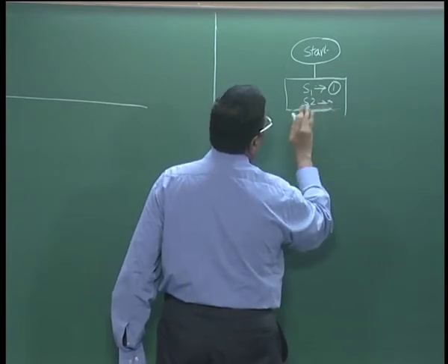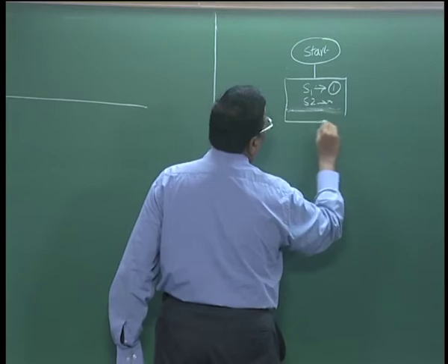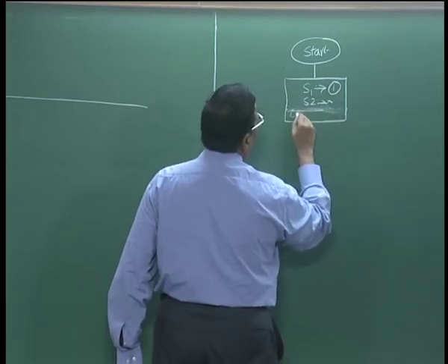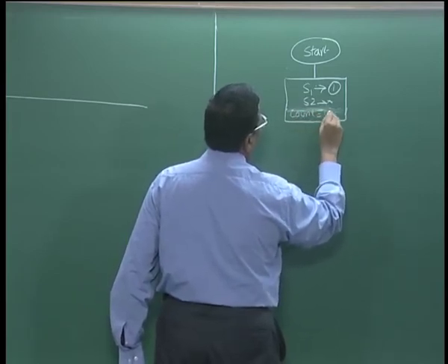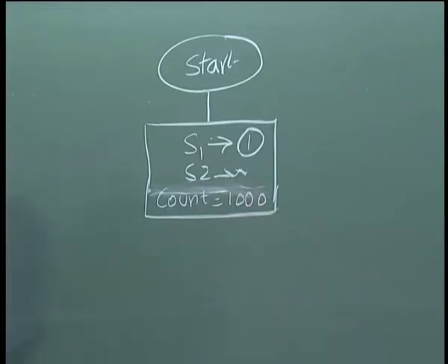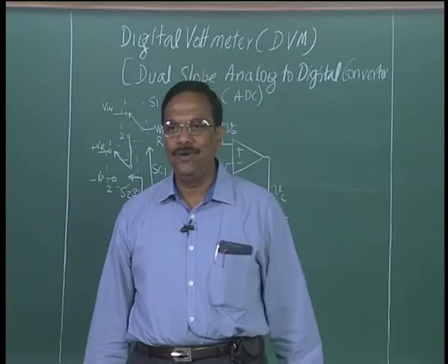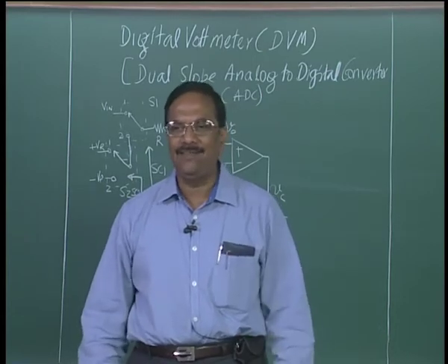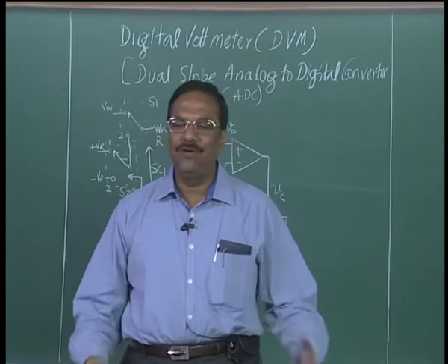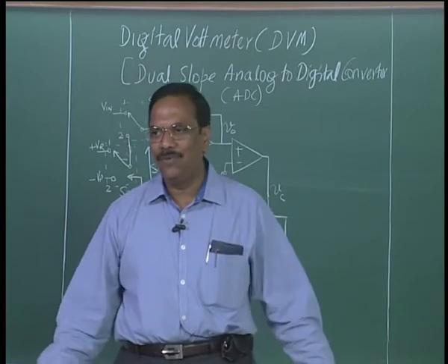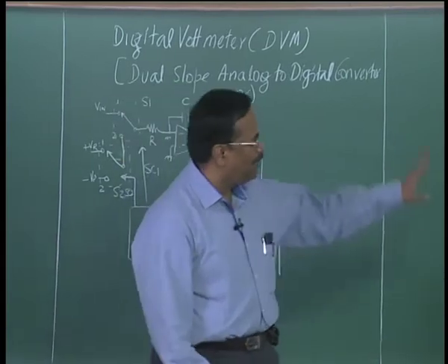We also put for this particular 3.5 digit count equal to 1000, because last class we saw that the final output time T2 would be Vr by T1 into T2, and we said if I make T1 as 1000 counts and Vr as 1000 millivolts, then it becomes a 2 volts full scale voltmeter. So, that is what we are going to discuss again.